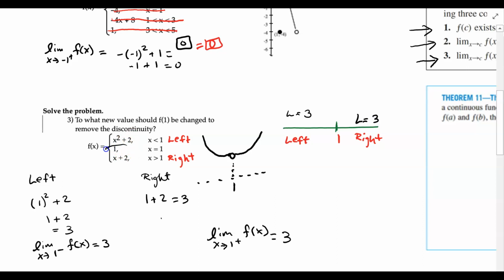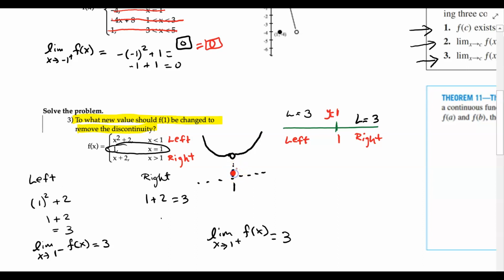But notice what they say. At x equals 1, the y value is 1. So what is the question again? To what new value should f of 1 be changed to remove the discontinuity? What they're saying here is that there's the graph, and let's say that this is the y value 1.